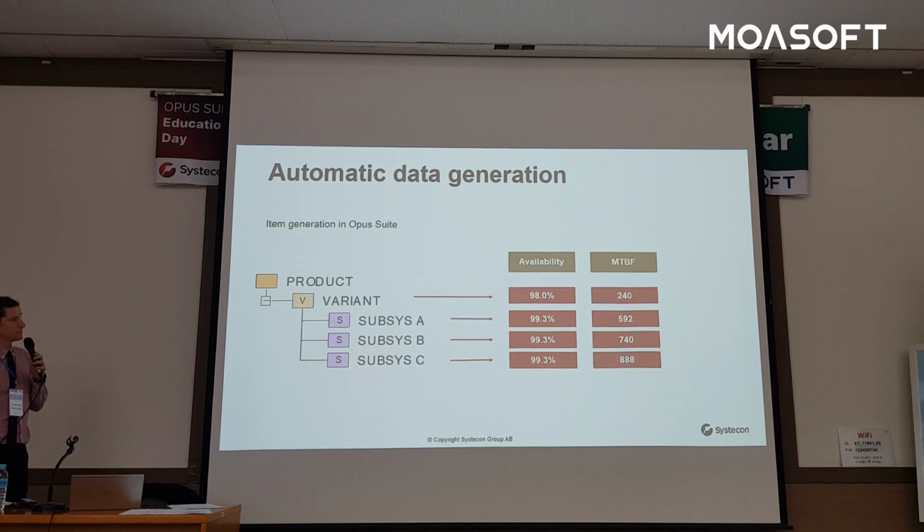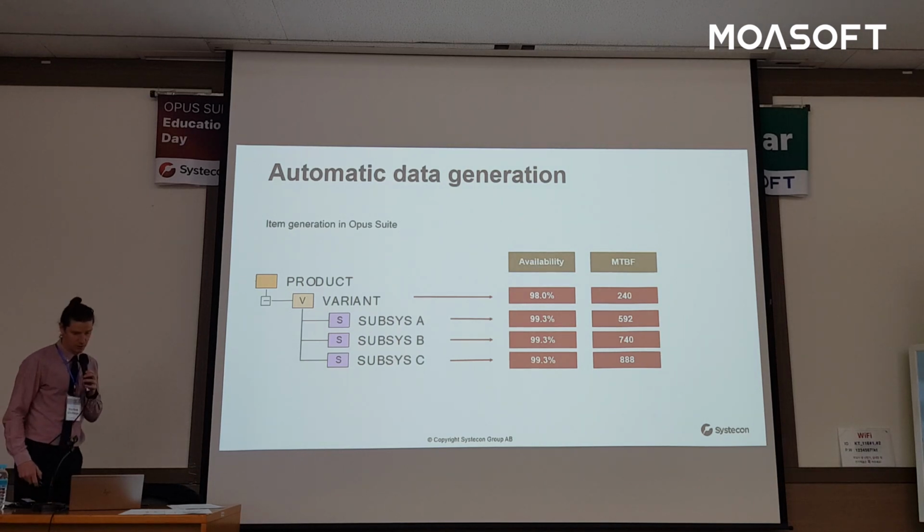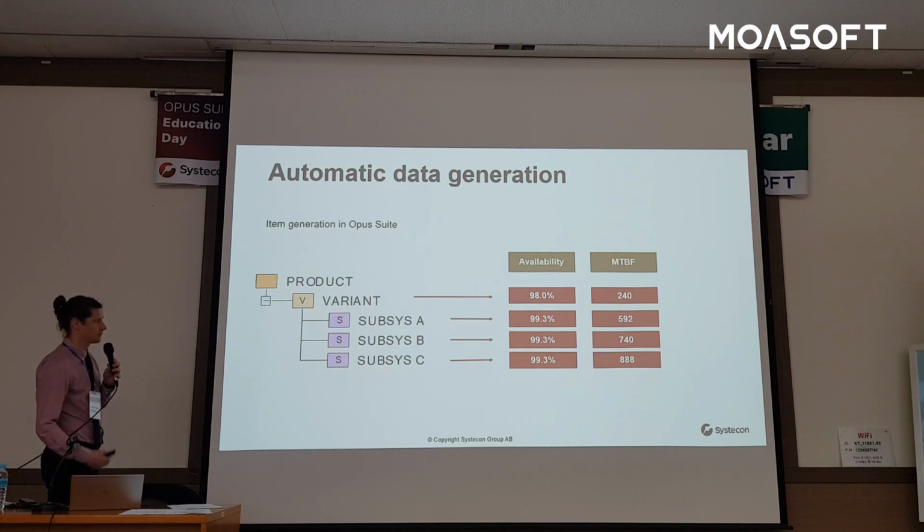That's an estimation. If we can estimate the mean time to repair as well for those subsystems, we can calculate mean time between failures for them as well. Might differ a little bit.